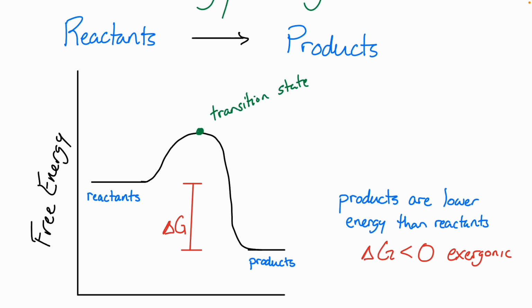Your transition state is like that weird point in the middle where all the bonds are half broken and all the new bonds are half formed, before all these bonds have actually fully broken or fully been formed. So we can just say half broken, half formed bonds. Your transition state will always be higher energy than your reactants or products, necessarily.